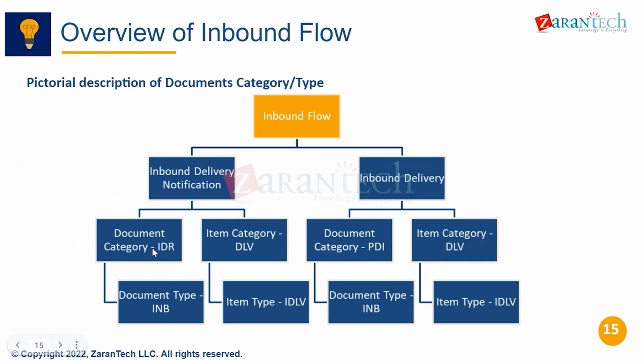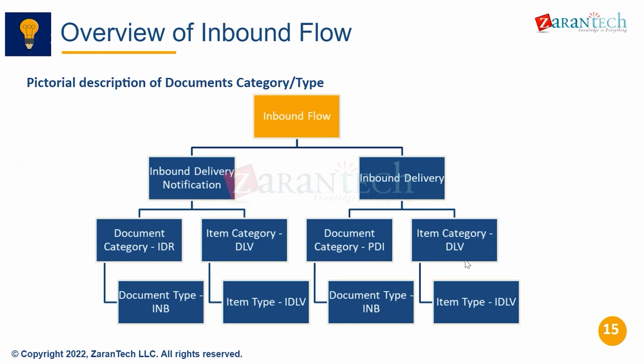You can see document categories, IDR, inbound delivery request, and then the document type for that. What is the mapping of the document category and the item category? For inbound delivery notification, this is the standard inbound delivery request, and the item category again will be DLV, and document type INB, and here document category PDI, but the document type in EWM will always be the combination of document category and document type.